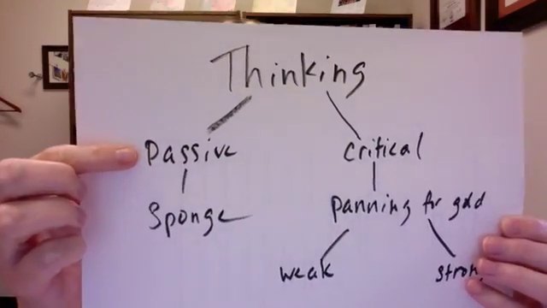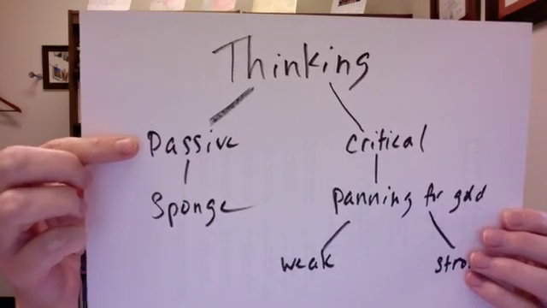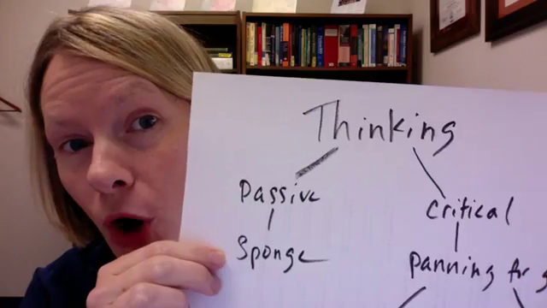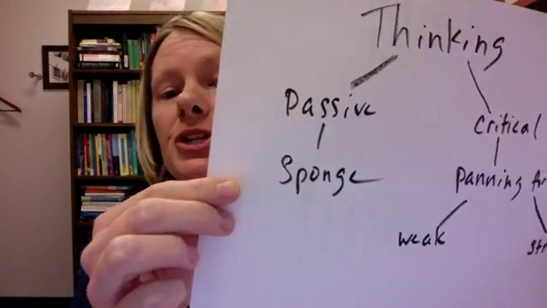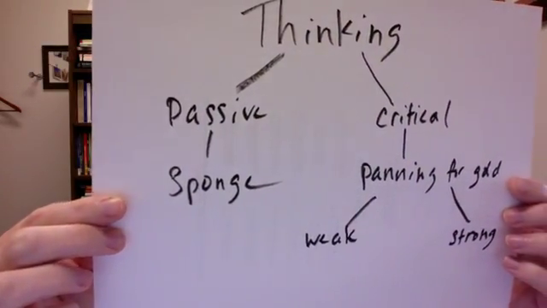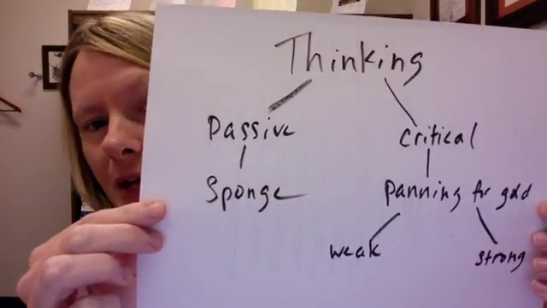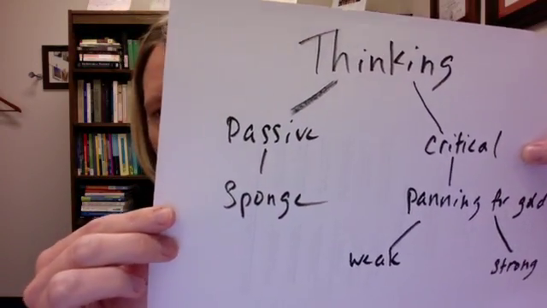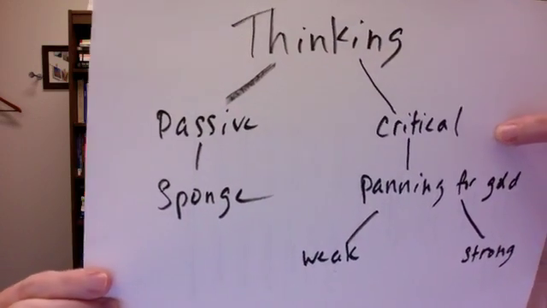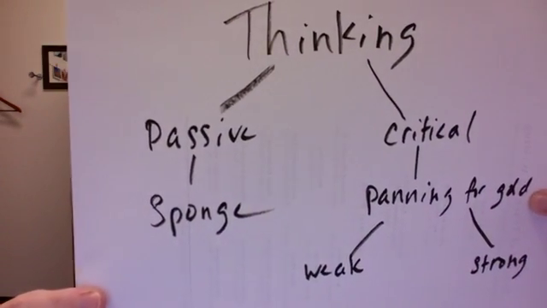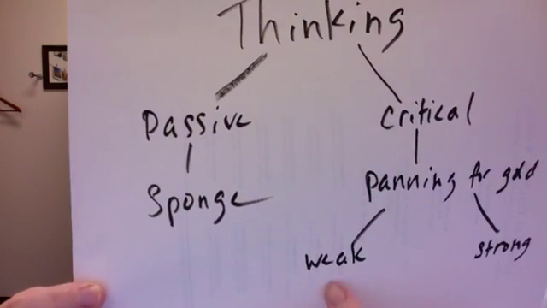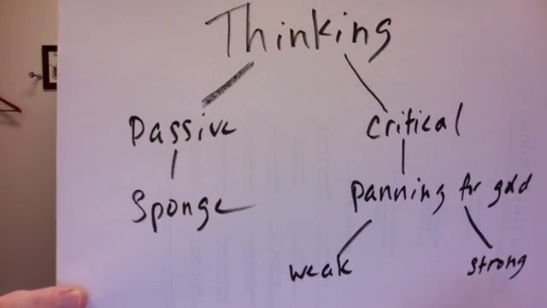Some of it is passive. And I don't know that they say that word, but they use the metaphor of a sponge for that type of thinking. And then you have critical thinking, which is what the whole book is about. The metaphor that they use for critical thinking is panning for gold. And then underneath that, you have weak sense and strong sense critical thinking.